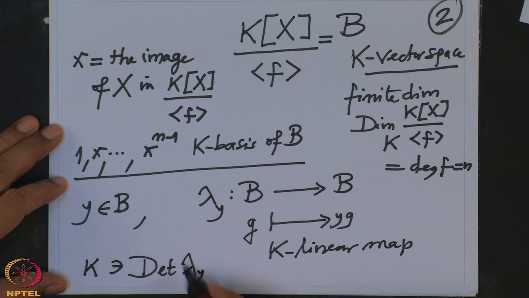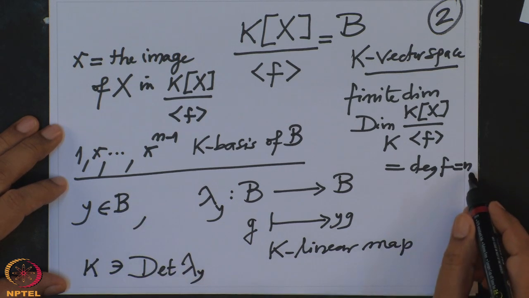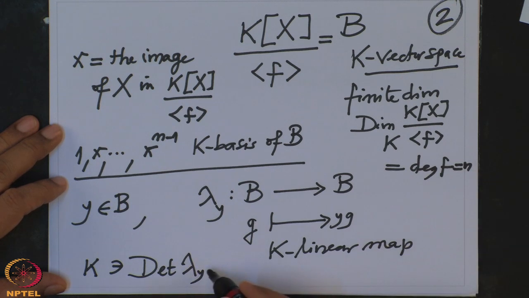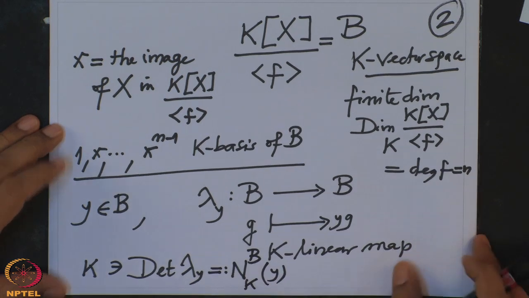And this is how many cross how many determinant? This will be an n cross n determinant. This is also denoted the norm of B over K of the element y. So let me write it on the next page.